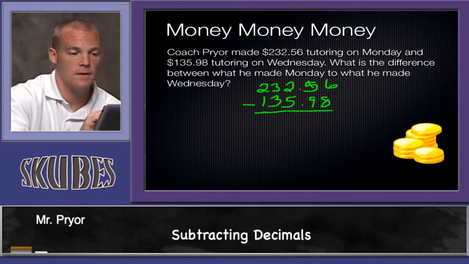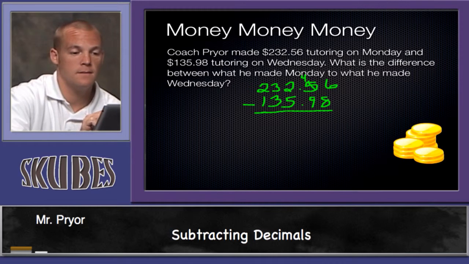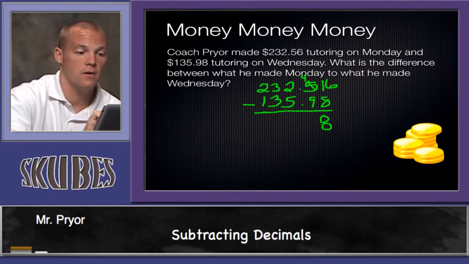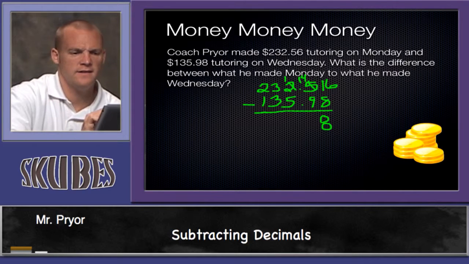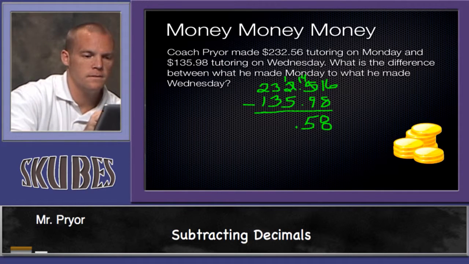So first of all, we would have to start by borrowing, because we can't subtract 8 from 6. That's going to make the 6 a 16. 16 minus 8 is 8. All right, so we're going to end up having to borrow one more time from the 2, and that's going to make that a 14. 14 minus 9 is going to give us 5. Bring your decimal straight down. All right, borrowing once more.